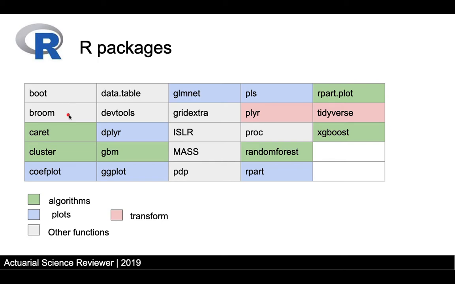You can use this for transformation. You've got data.table, you've got devtools. I haven't used the others like gridExtra, ISLR, MASS, PDP, and pROC, but you can search for the package by using the help function.